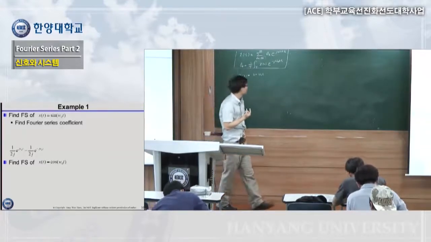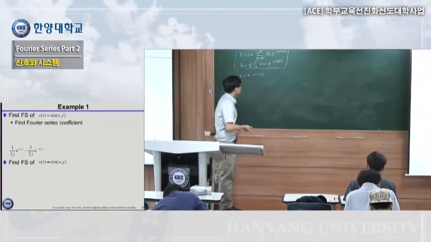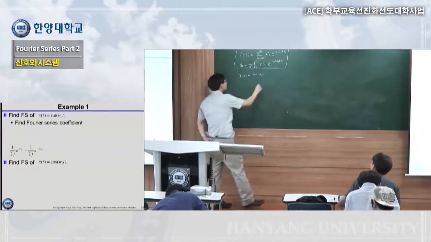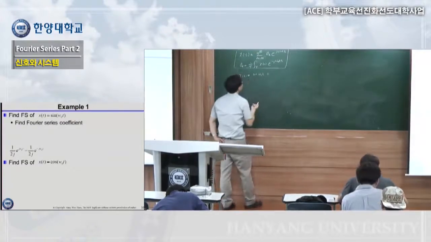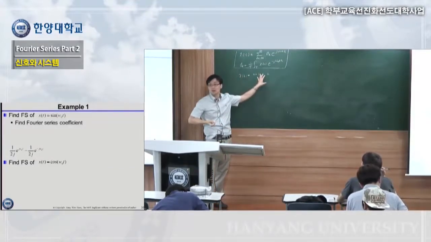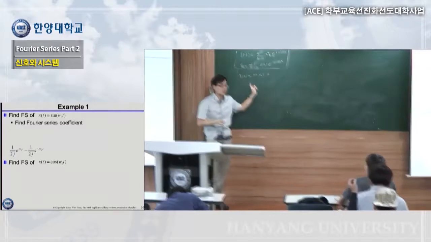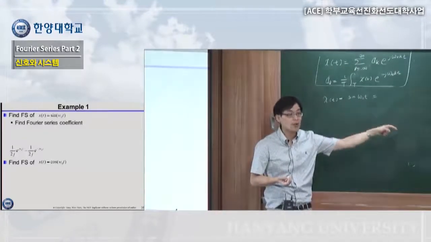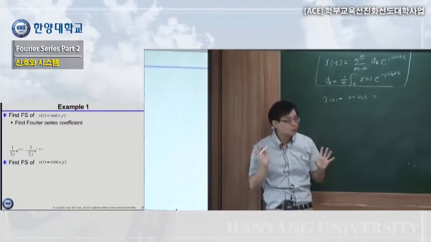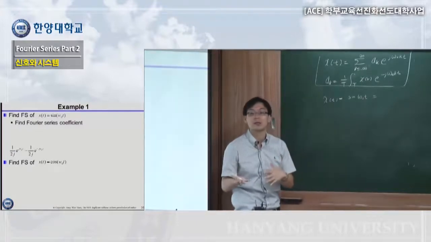How do we do it? Let us do it step by step. Fourier series: this is our original signal. We transform this original signal to a sum of sine waves. That's the purpose and the function of Fourier series.